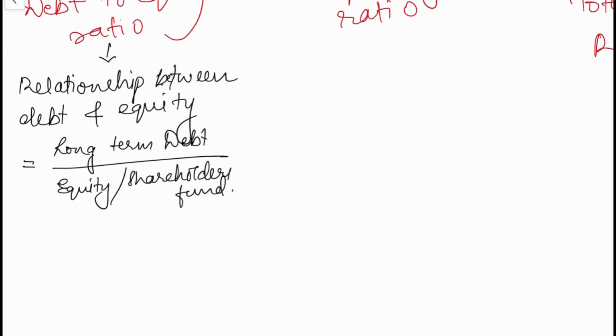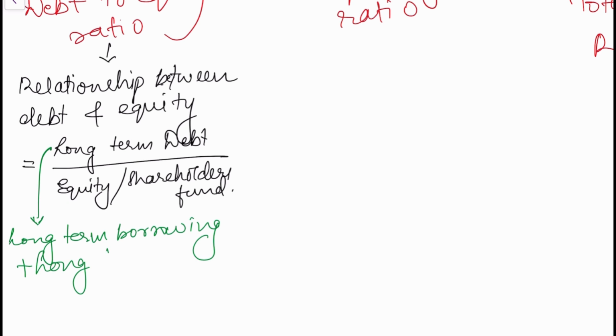This is the formula of debt to equity ratio. This long term debt includes long term borrowing plus long term provision. Okay, so debt to equity ratio, it shows a relationship between the debt and equity.